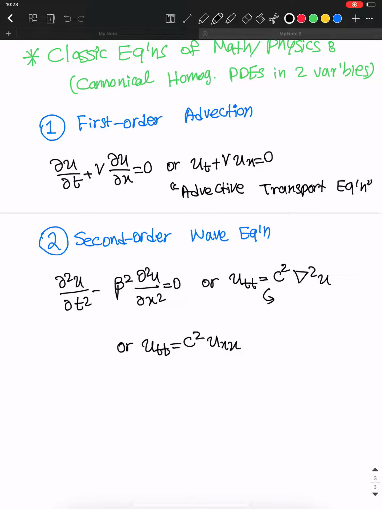If u has n dimensions, we have one time plus n independent variables, so 1 plus n. Here we only have one time plus one x, so it's two independent variables.